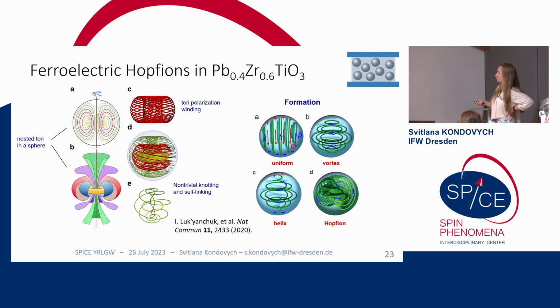If you take a uniformly polarized material, like a spherical nanoparticle of it, or maybe go from the paraelectric state and lower the temperature, the first state which occurs is a vortex state. It's usually the state with lowest energy, and it immediately occurs.